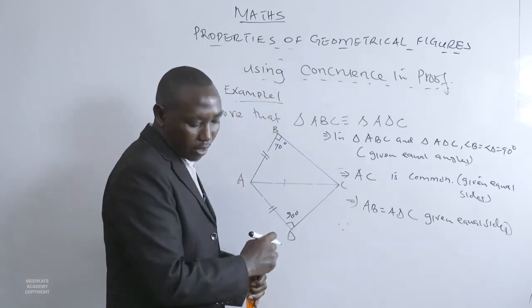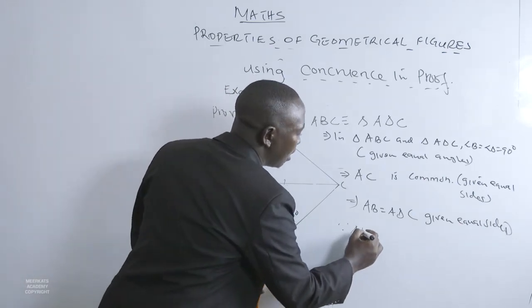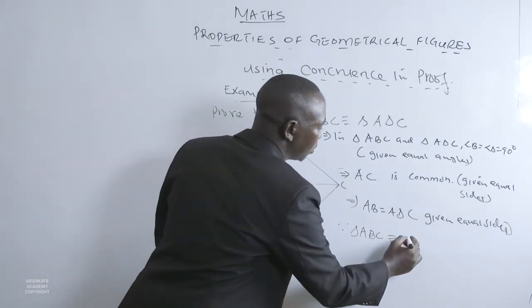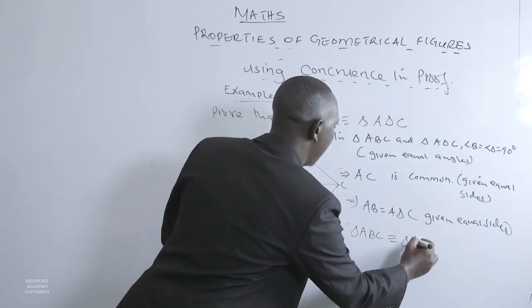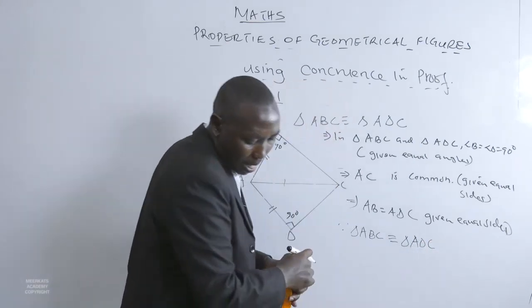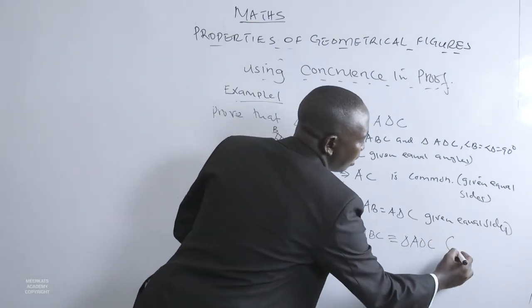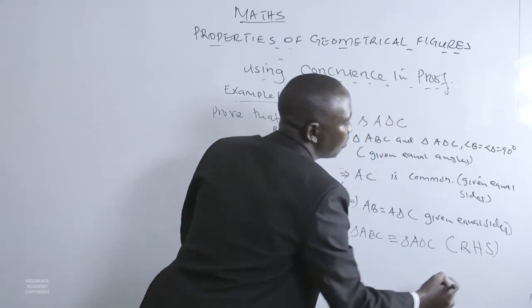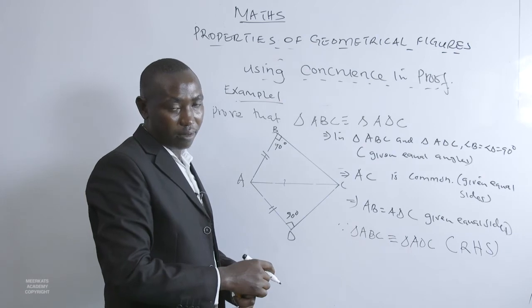Therefore, we can conclude that triangle ABC is congruent to triangle ADC under the test right angle, hypotenuse, and one side.